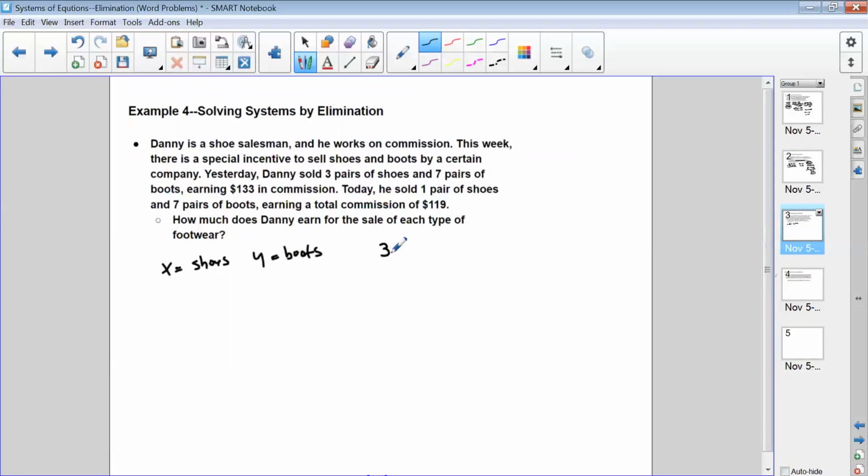So 3X plus 7Y is equal to $133 in commission. And then today was 1X plus 7Y is equal to 119. Again, we're going to subtract because the coefficients happen to be the same.